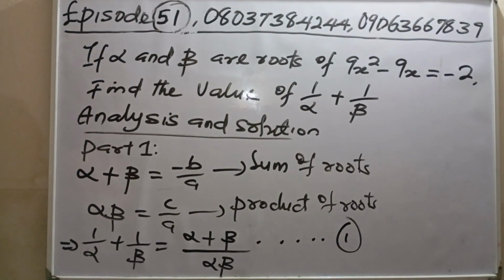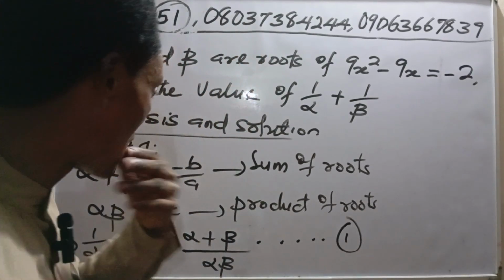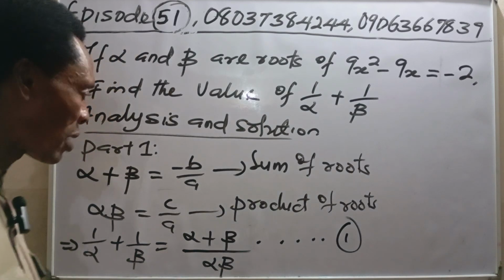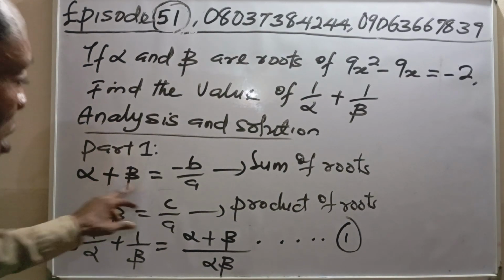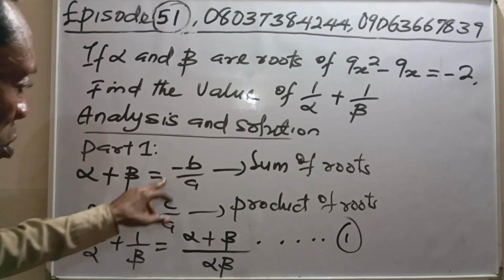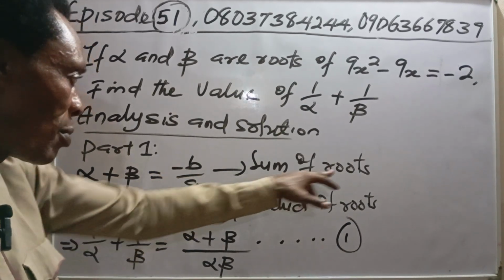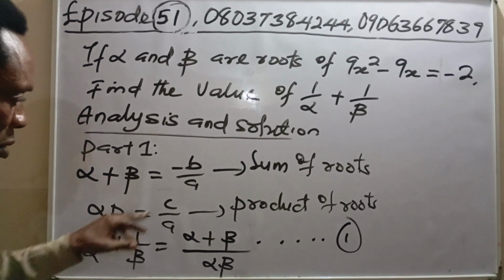So let me quickly go back. I said part 1 is what we call the symmetric properties and symmetric identities. Here, the symmetric properties: alpha plus beta, the sum of roots, equals minus b all over a, and alpha beta, the product of roots, equals c over a.